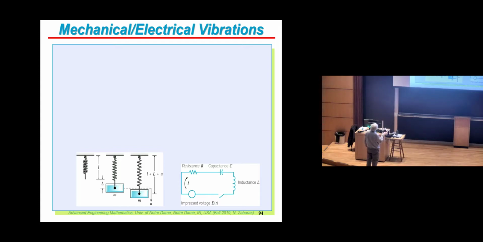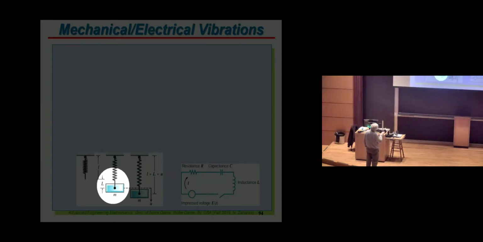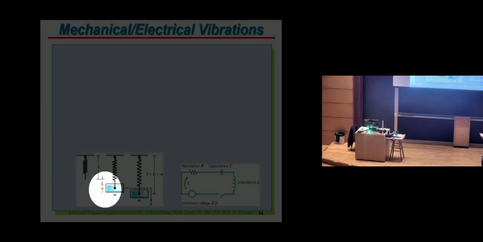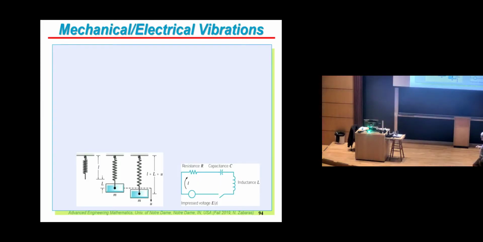So some notation. M is the mass. Capital L is going to be the equilibrium position of the spring. You know, so if you put the mass and you let it find its equilibrium location, that would be capital L. The total displacement past the equilibrium location would be, and again, I see another typo there, should be L plus U, capital L plus U. So little u should be the displacement from the equilibrium position, OK?